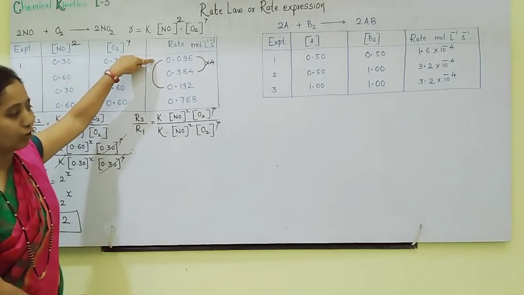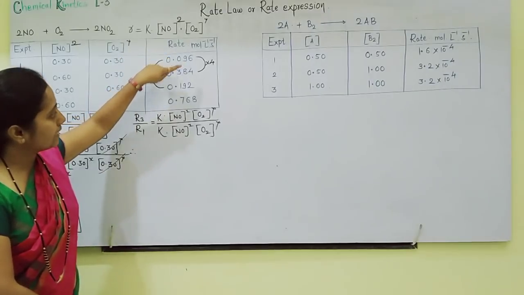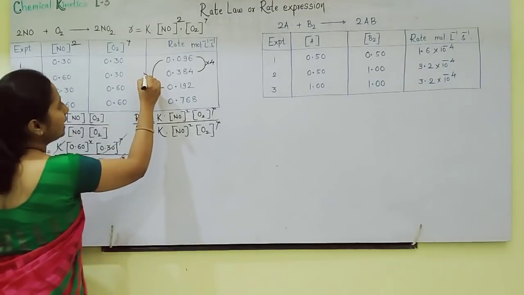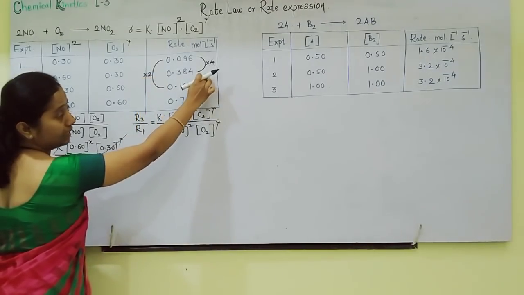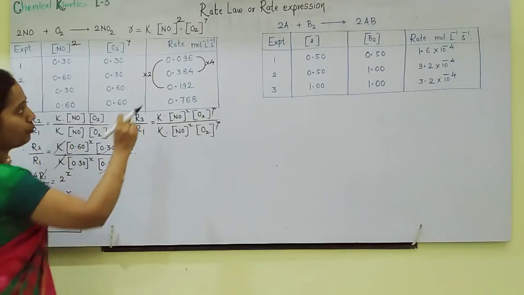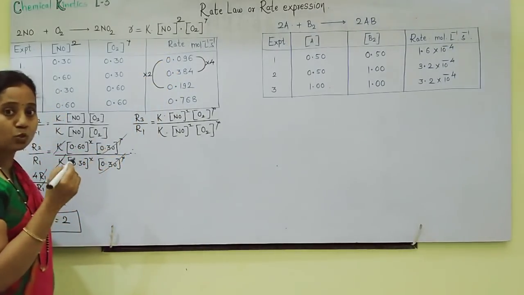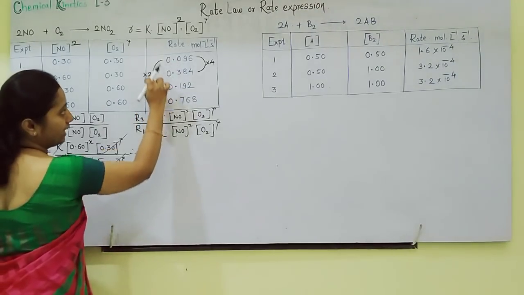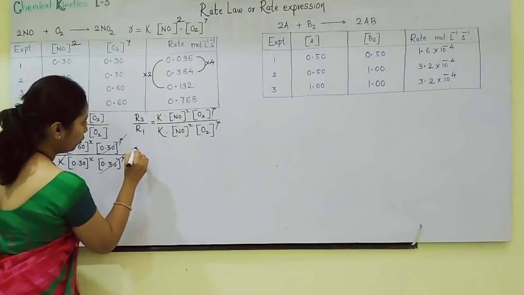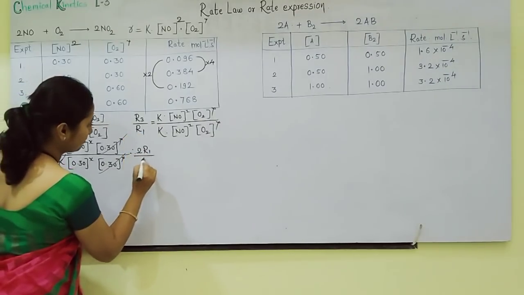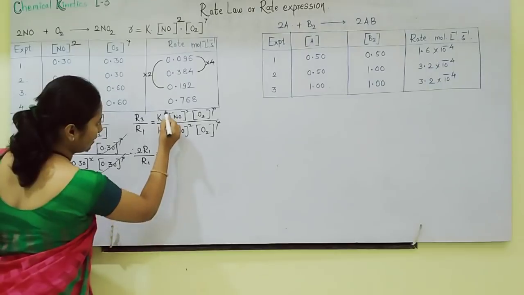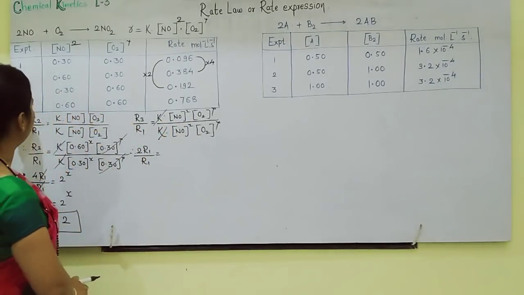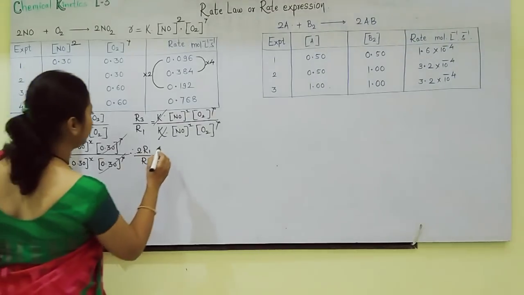R3 and R1, what can you observe? 96 and 192, it is doubled, is it? So the rate becomes 2 times. Here the rate was becoming 4 times. Now here it has become twice. So for R3, I can write that R3 is 2 times R1. K got cancelled. For the values I will now write R3, experiment 3 and 1, writing values, 0.30.